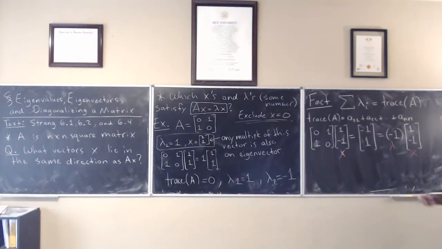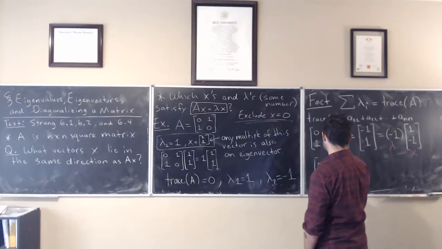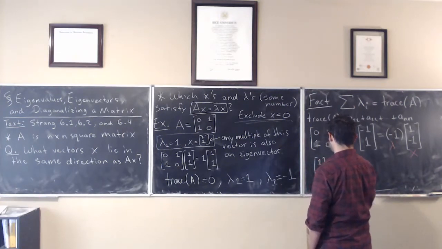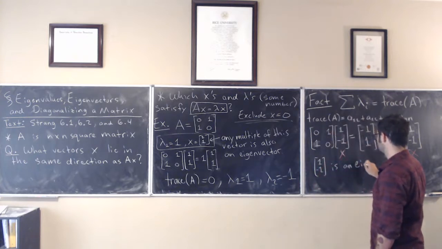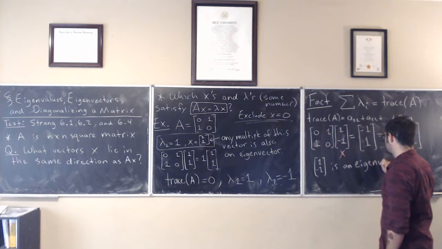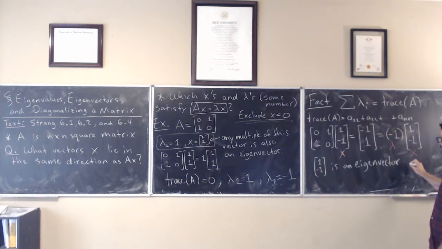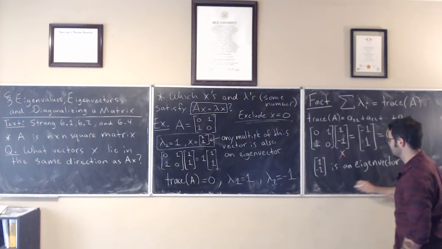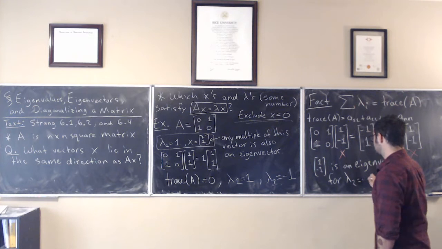Yeah, that makes sense. All right, so 1, -1 is an eigenvector corresponding to lambda 2 equals -1.